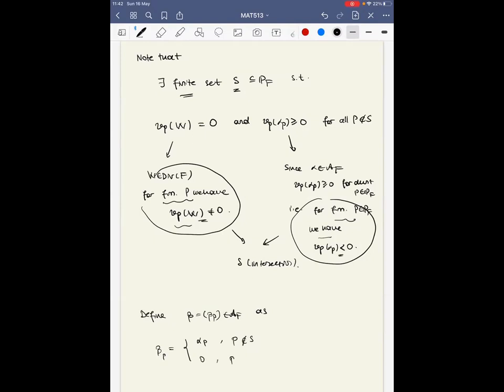Otherwise we are going to set 0, where the pth component, where p is an element in S.